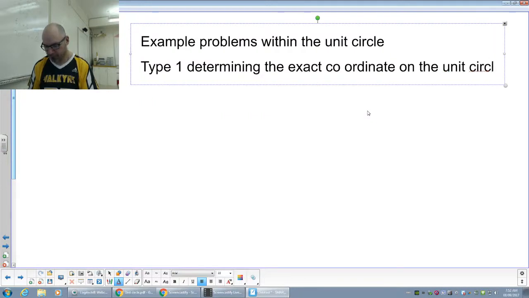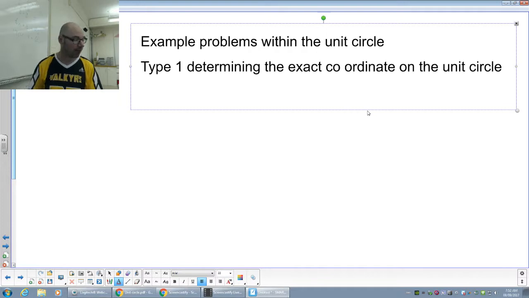This one is basically like reading a chart or a map. If I said, find the point P, they usually use P, and they give you the angle in brackets.